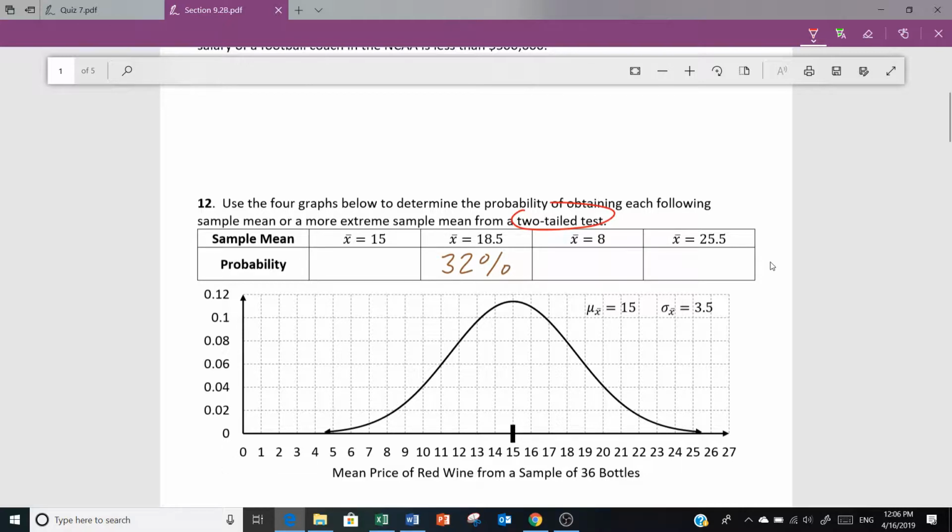So this is like one standard deviation. We start at 15 and the standard deviation is 5. Now we go in the opposite direction.